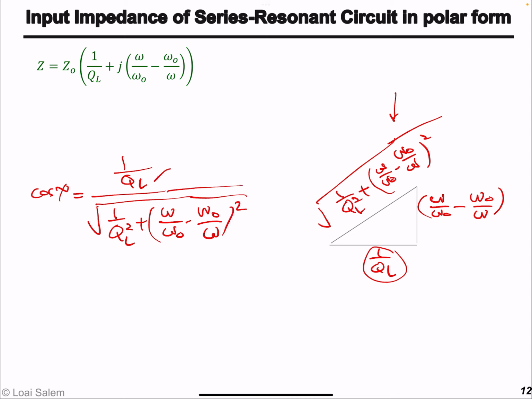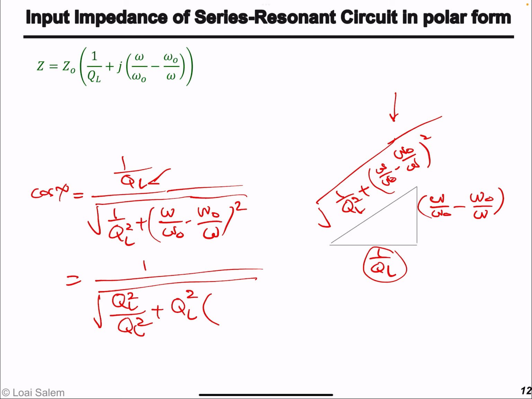Now we can enter this QL into the square root, so we have 1 over, if we enter it here, QL squared divided by QL squared plus QL squared omega over omega node minus omega node over omega squared.